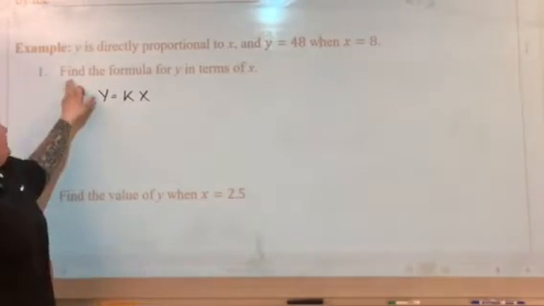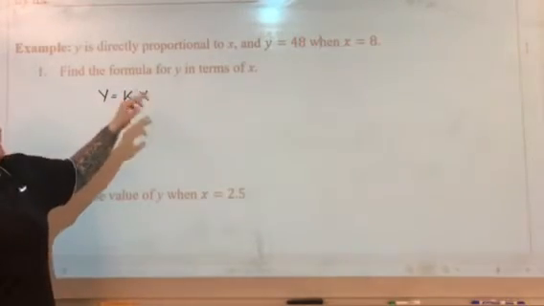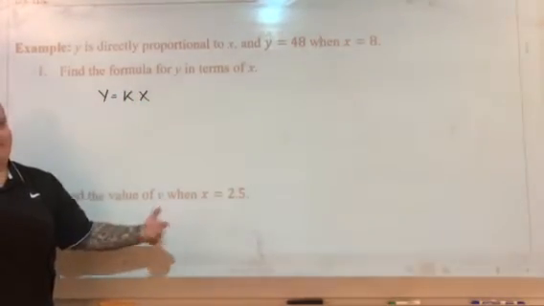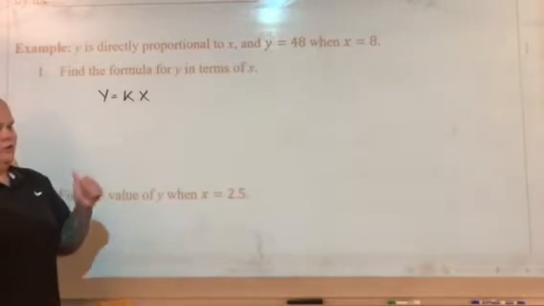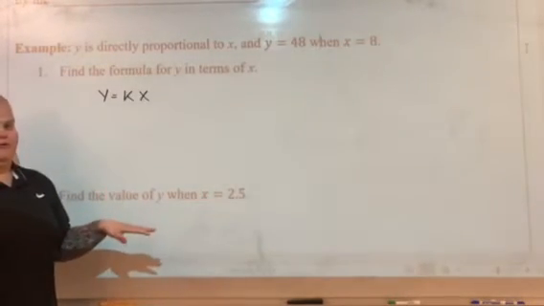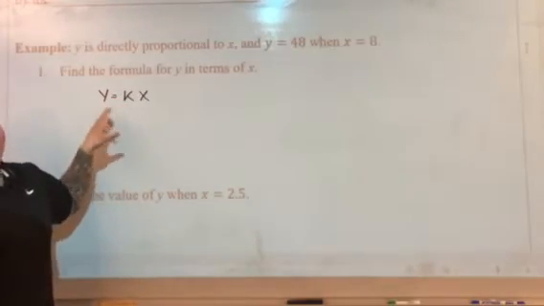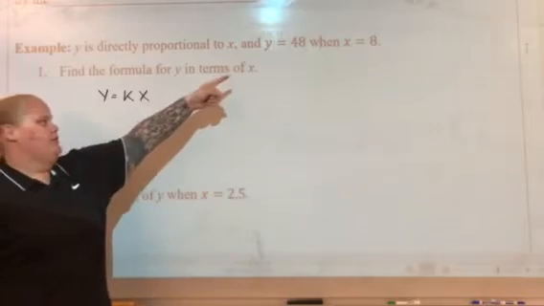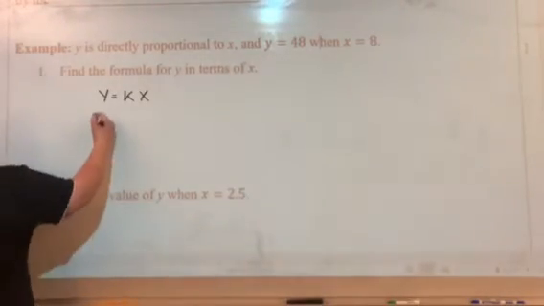It wants us to find the formula for y in terms of x. Basically that means it wants you to create a formula where y and x are the only two variables. So we need to find out what k is and get a number there. To do that, we use the numbers that were given to us: y equals 48 and x equals 8. We're going to plug those in.